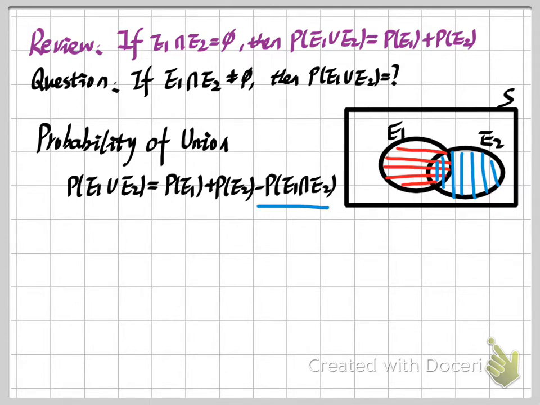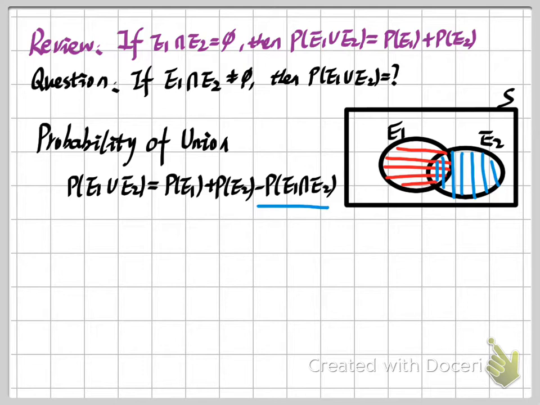That means when E1 and E2 have no intersection, this third part disappears. That's why in the previous video we have that equation. So this is the formula for the probability of union.